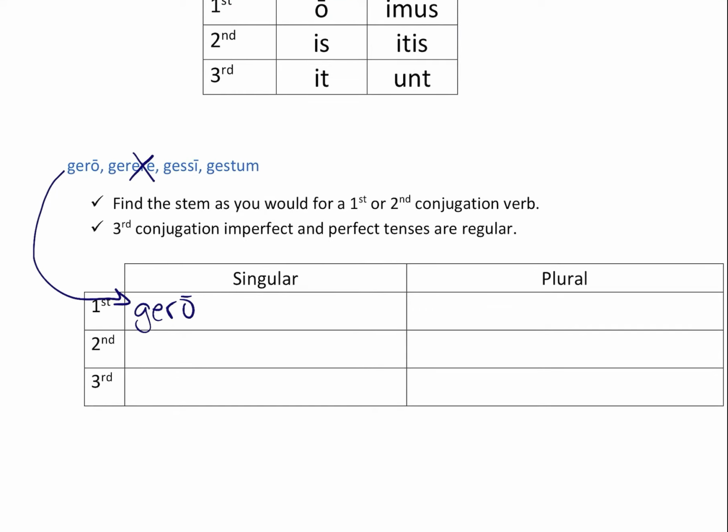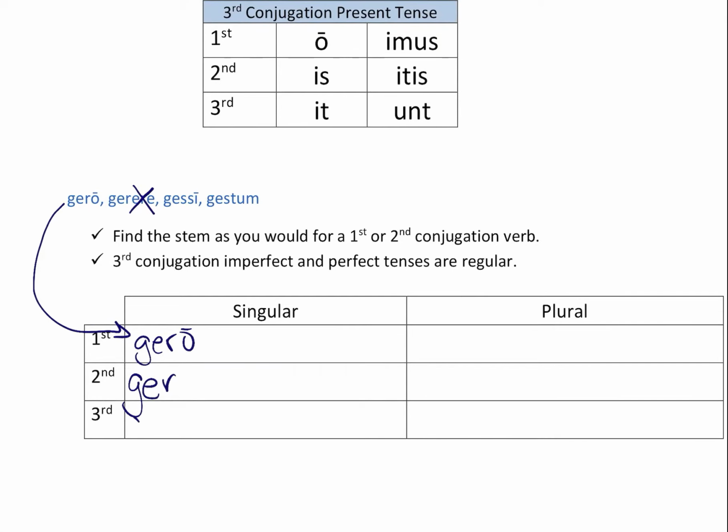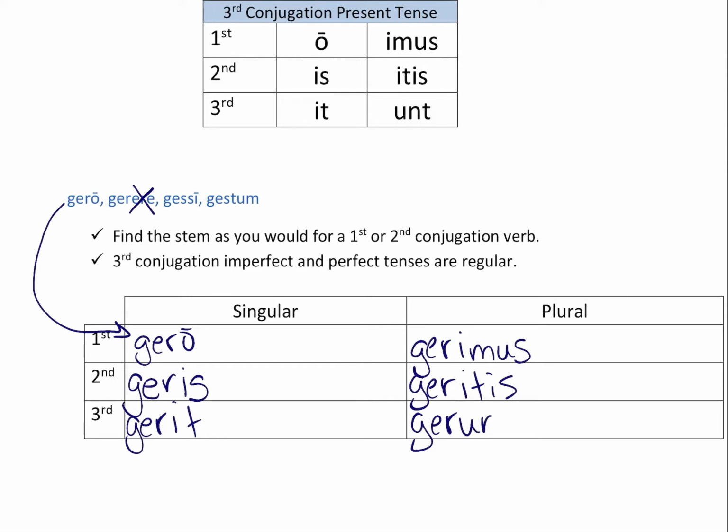Okay. Second person. So here's our stem. Our stem is GER for all of it. GER. Okay. And then we're going to add those new endings. So we've already got the O. Geris, gerit, gerimus, geritis, gerunt.